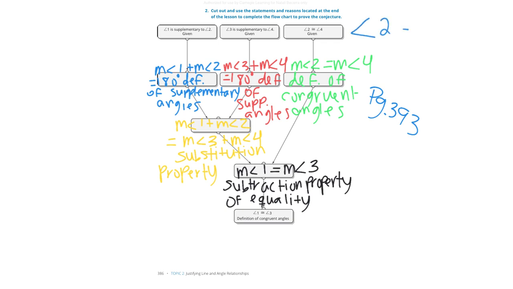They say that angle 2 is congruent to angle 4, right? So that means that if this angle 2 is, I don't know, 80 degrees, then this angle 4 is 80 degrees, so that they are equal to each other. The measurements of both of them are equal to each other. Okay, that's a little example for that.